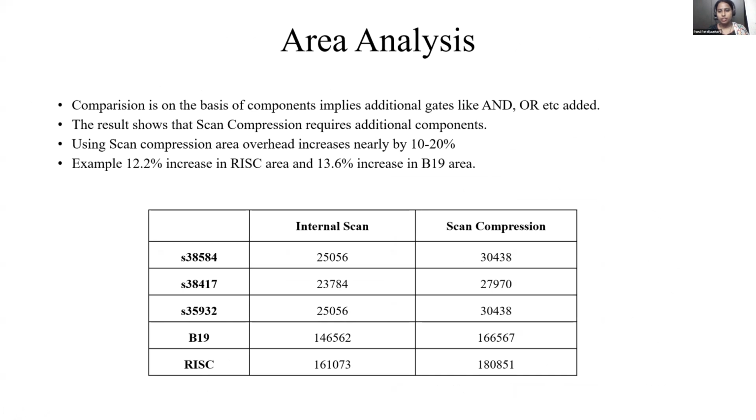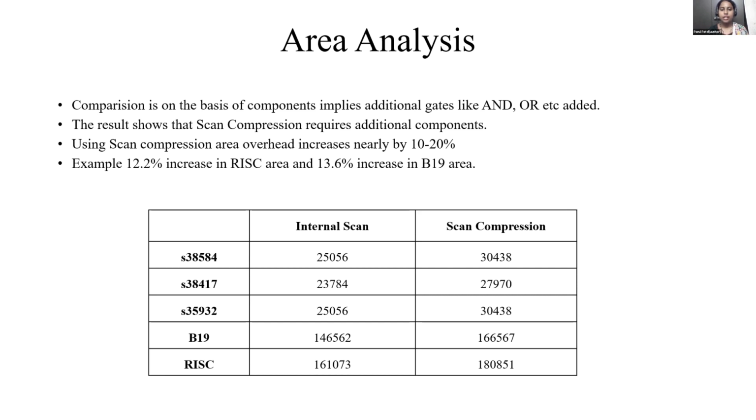Now, the last comparison field that we have is area comparison. By area comparison, I am not showing you millimeter square or centimeter square area increase. I mean how many additional gates are required in the design to do a certain type of testing. The internal scan technique will induce fewer additional combinational circuits compared to scan compression.